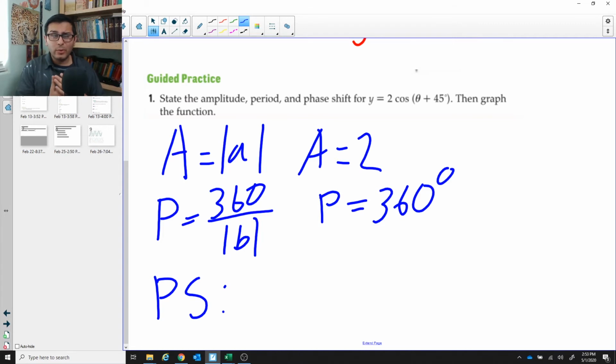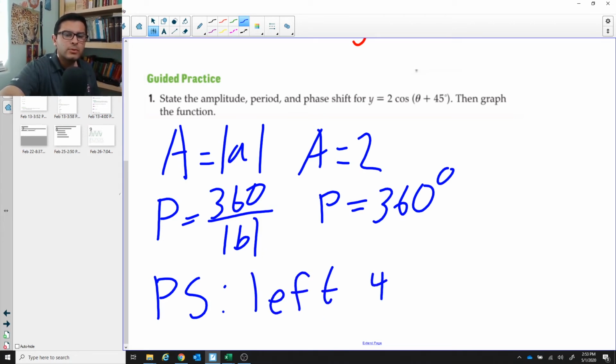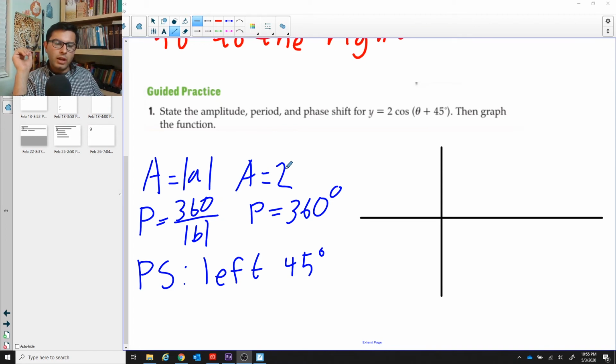So adding 45 degrees on the inside means I'm going to be going to the left 45 degrees, or 45 units in this case when we're graphing it. So we will say left 45 degrees. Very good.